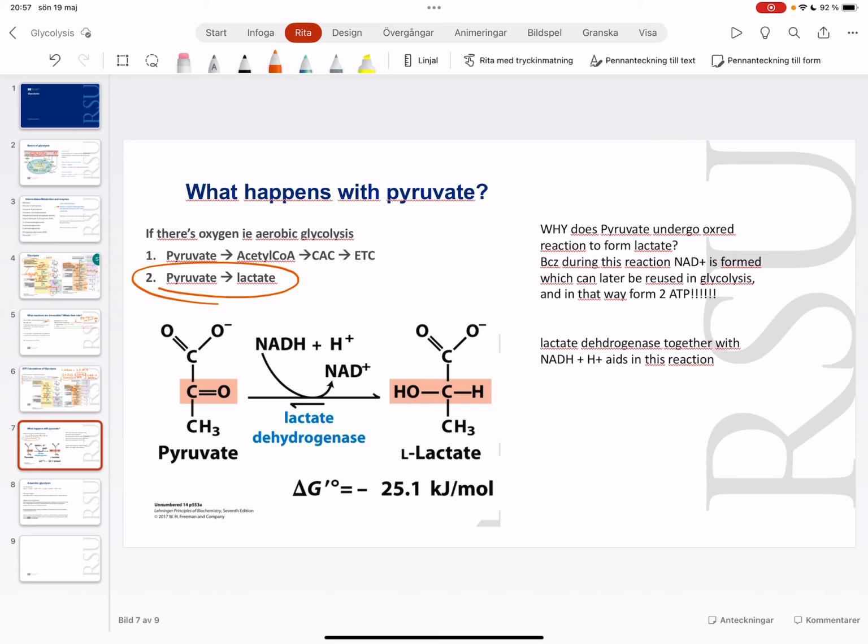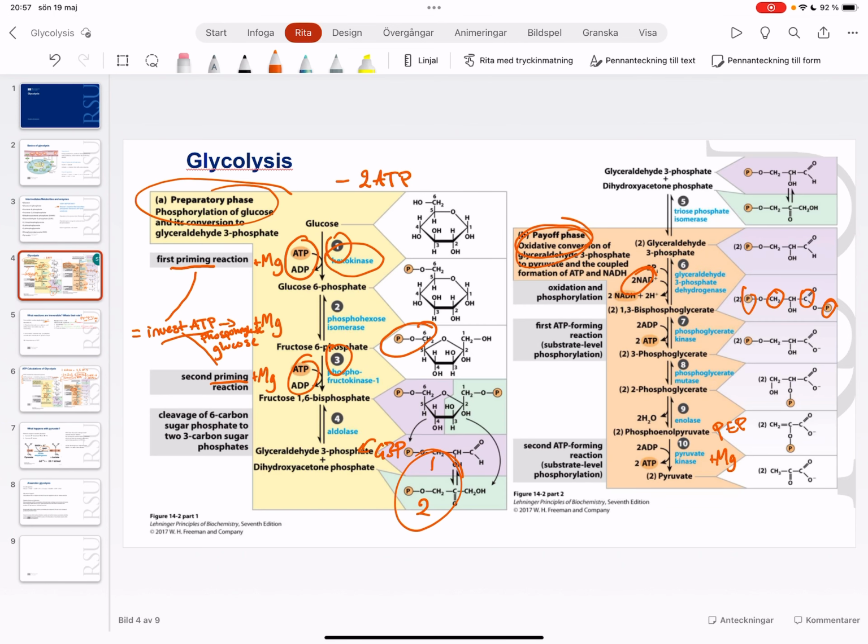Why would it do that? Okay, so here we have pyruvate. We will have lactate dehydrogenase, which is the enzyme that will transform pyruvate to lactate. This reaction is really important because it will generate NAD+. And remember when I told you that NAD+ is really important? See, it's really important in step number 6 because this is the molecule that will take up hydrogen.